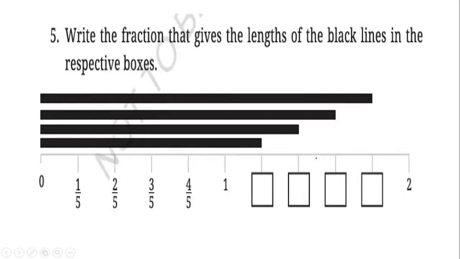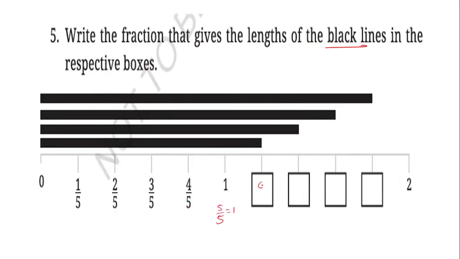Next, write the fraction that gives the length of black line in the respective boxes. Here, 1 unit long is divided into 5 equal parts. That means 1 by 5, 2 by 5, 3 by 5, 4 by 5, 5 by 5 means 1.